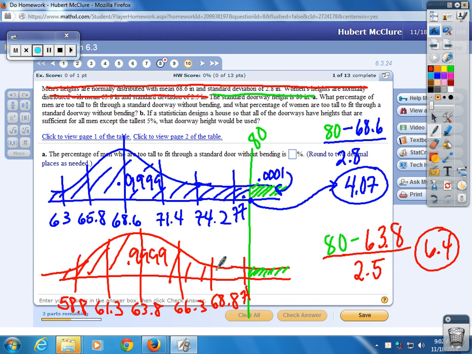So it's 0% also. Or technically you could say 0.01%, because if you move the decimal over 2 places, it's 0.01%, which is 1/100th of a percent.